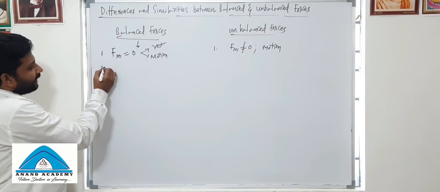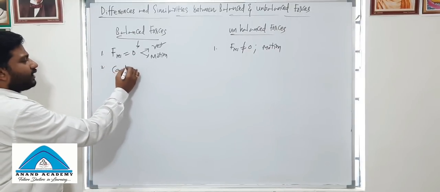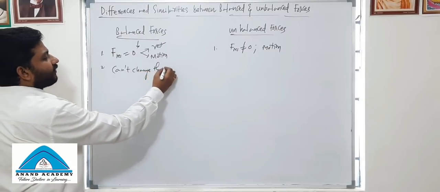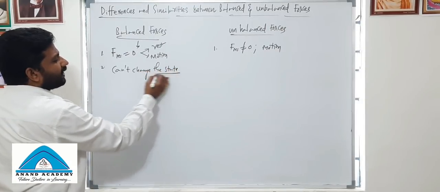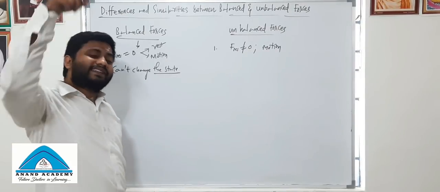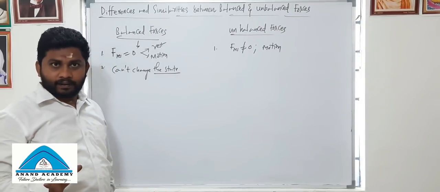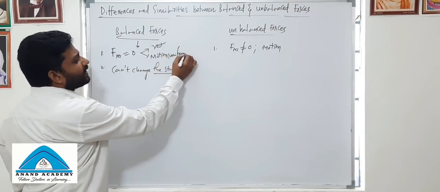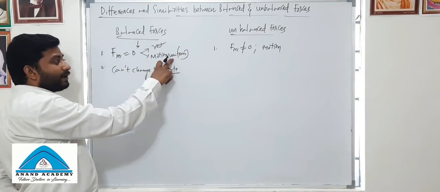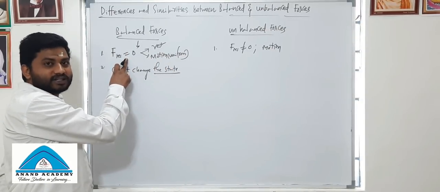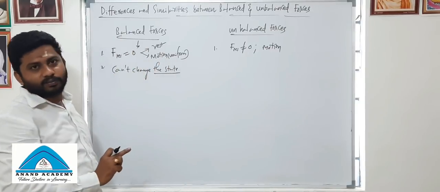Balanced forces cannot change the state of a body. When the body is in the state of rest, under the action of balanced forces, it will remain in the state of rest. When the body is in the state of uniform motion, because force is 0, acceleration is 0, the body is moving with constant speed, which means uniform motion.